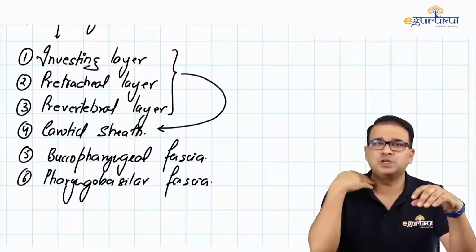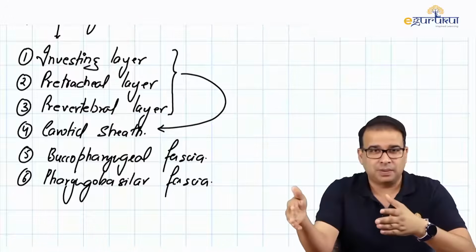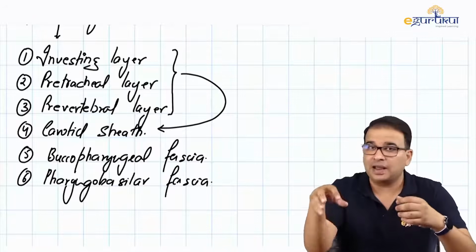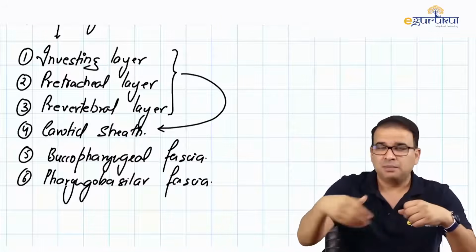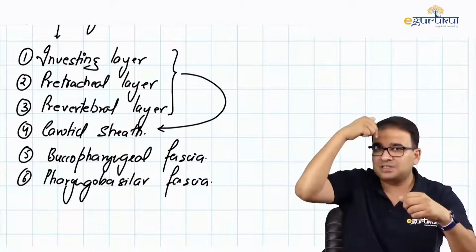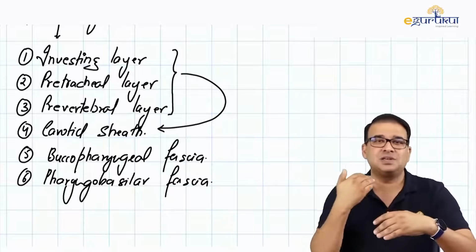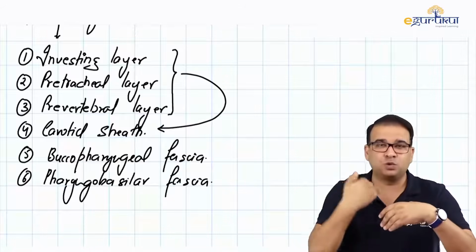When you take a transverse section of the neck, we need to see how the different parts of the deep cervical fascia, like the investing and pretracheal layers, are enclosing the structures. But when we see a longitudinal section, our main aim is to see the extension of the deep cervical fascia downward. Is there a fascia which reaches only till the neck? Is there a fascia which goes to the root of the neck?